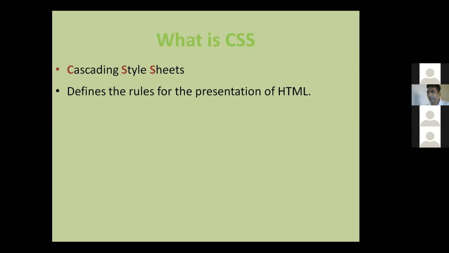So we need to have some good background. We need to have a good format. We need to have good rules for representing our web page. A website should be clean and clear. So CSS has a set of rules for the presentation of your HTML.